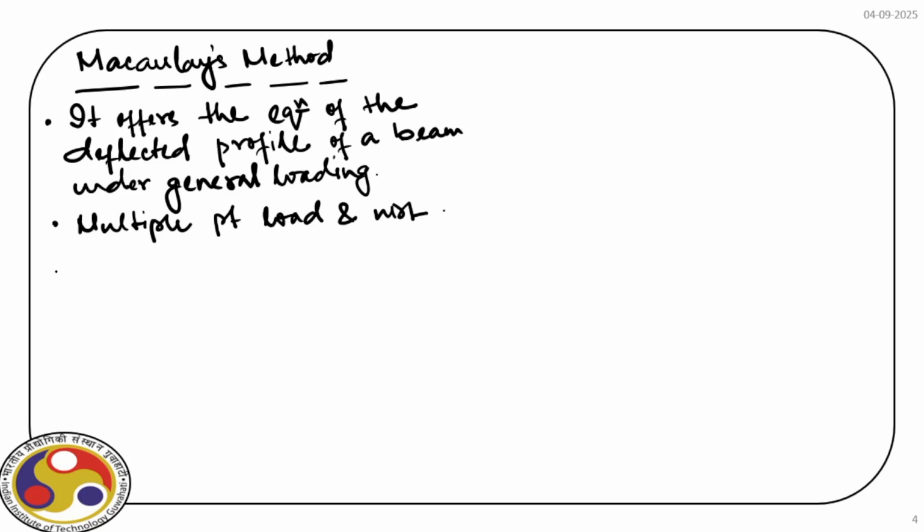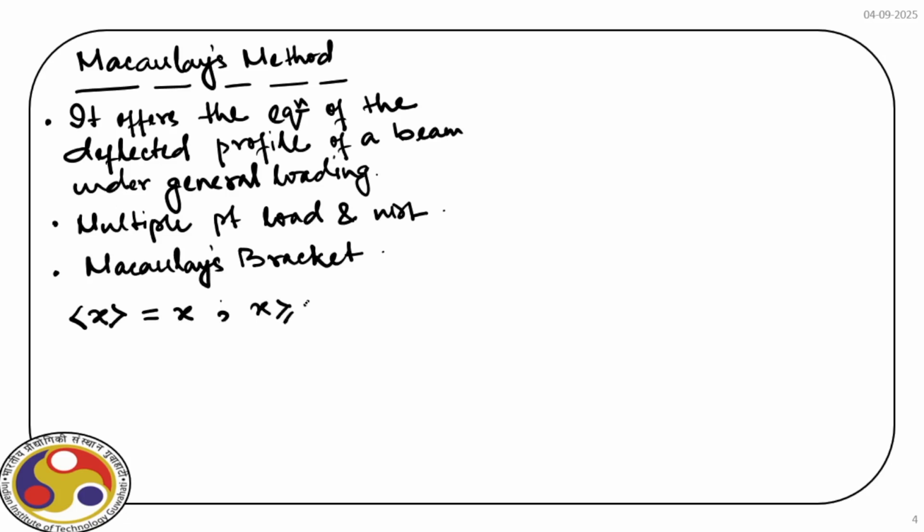Now for that we need to first define Macaulay's bracket. So if we have x, we write with Macaulay's bracket as you can see on your screen. Now it means the value is x when x is greater than equal to 0, and it is 0 when x is less than 0.